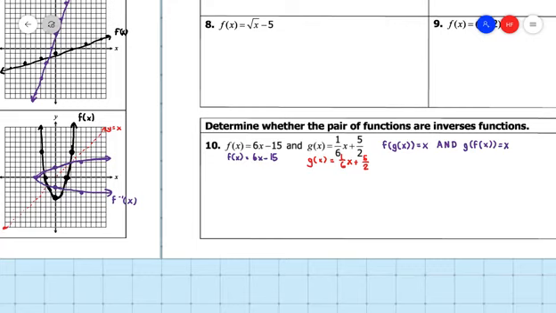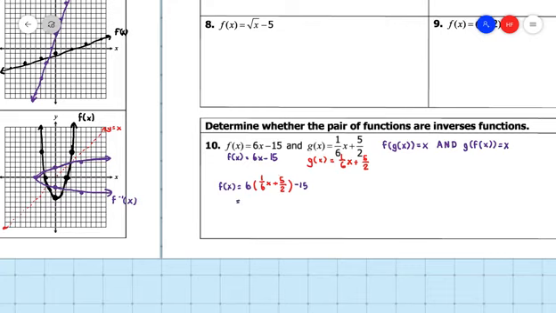So I'm going to write f of x, 6. Now this is where I'm replacing. Instead of writing x, I'm going to write 1/6x plus 5/2. And then we still have that minus 15. So that's f of x with the x replaced with all of g of x.